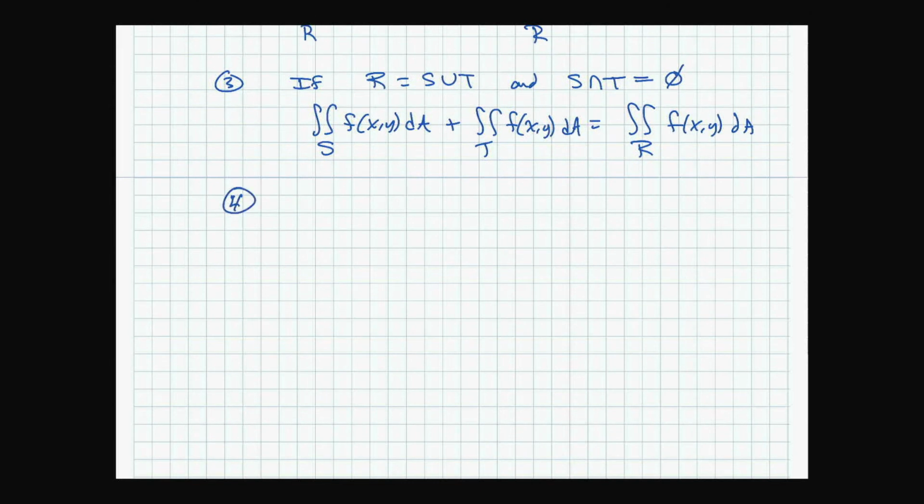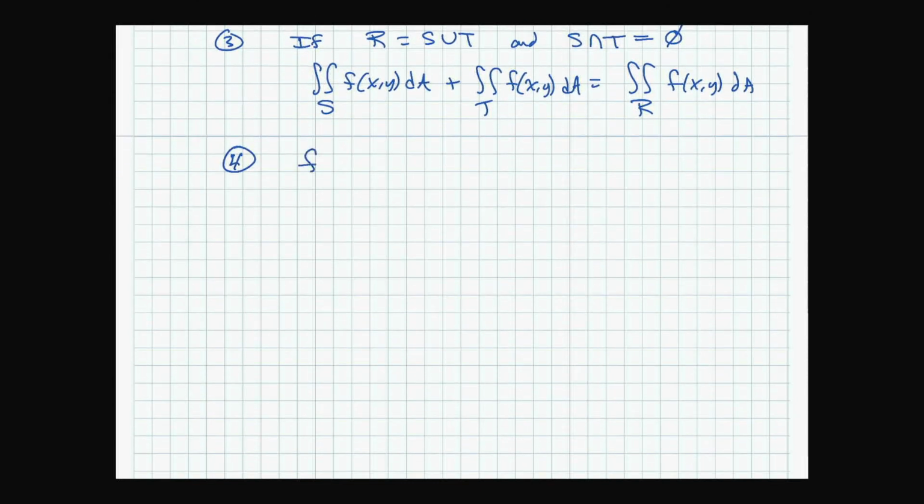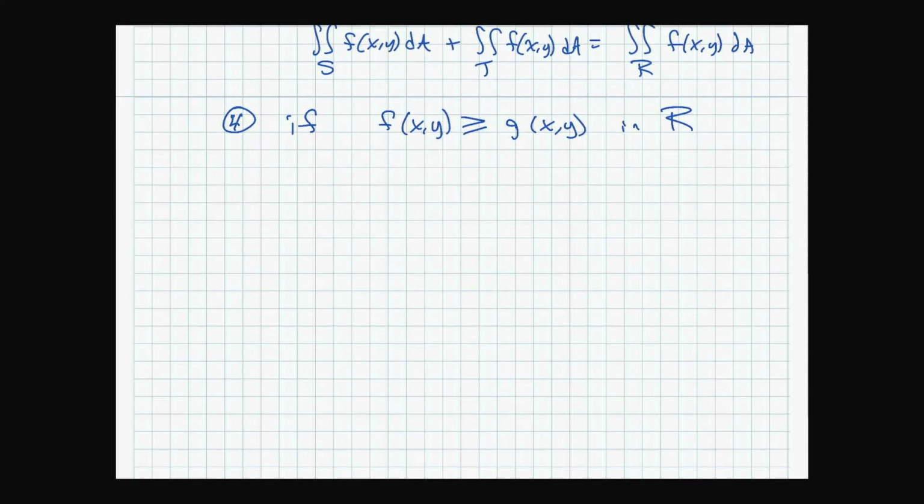Okay. Another property. If one of your functions is always bigger than the other function over the region, we don't care outside of the region. So if you have a big one and a small one, then guess what?